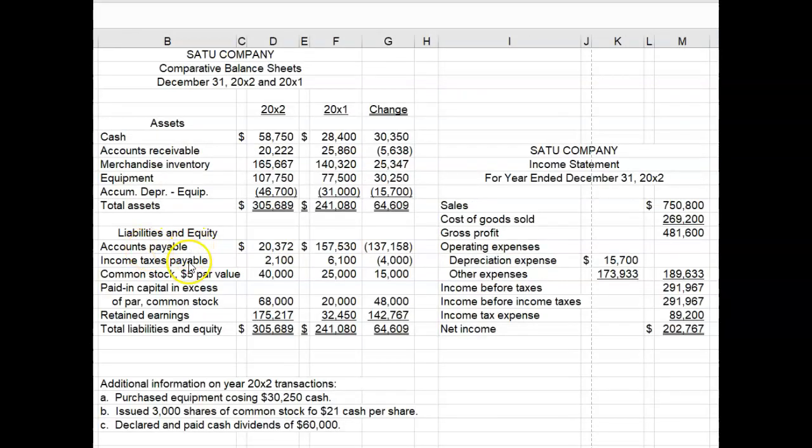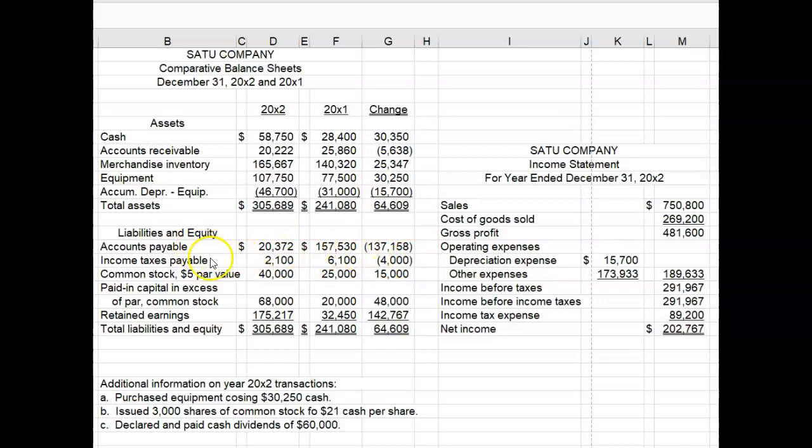We have two current liability accounts, and they both decreased. So we are going to say these literal words, literally. Decrease in accounts payable, $137,158, and we're going to put brackets around that. Decrease in income taxes payable, $4,000, and we're going to put brackets around that.